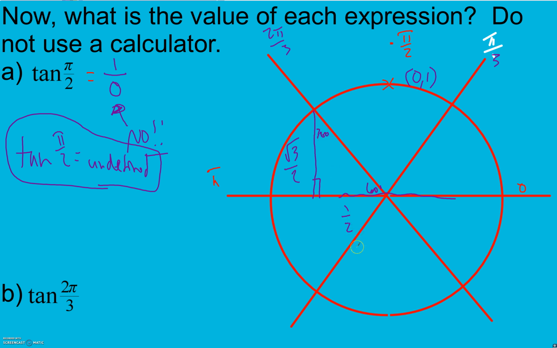It's a half. So tangent, again, the coordinates of this point, my x is negative in the second quadrant because I went left. My y is positive, square root of 3 over 2. We have sine over cosine, or y over x. Square root of 3 over 2 divided by negative 1/2.